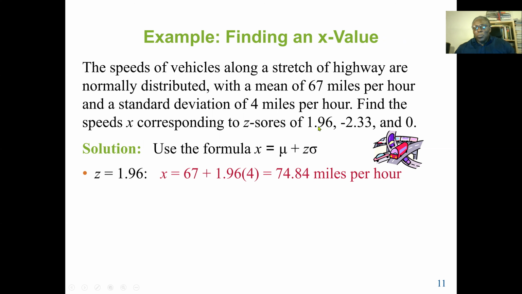So for 1.96, when we look at the table, this is what we get. Now we know X will give me 67 plus 1.96 times the standard deviation, which was given to be 4.